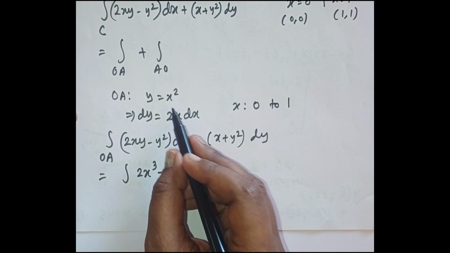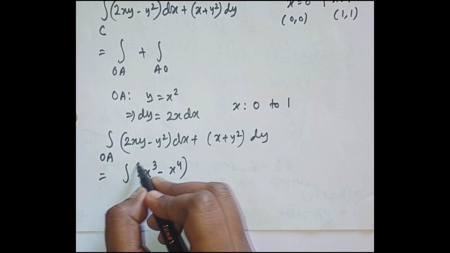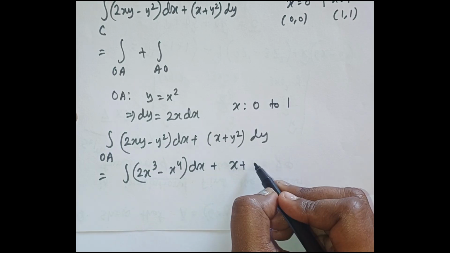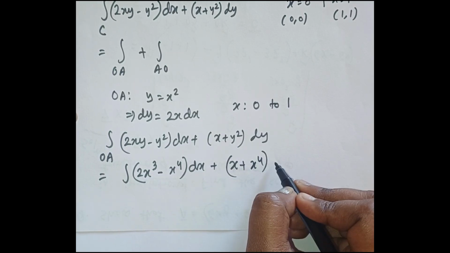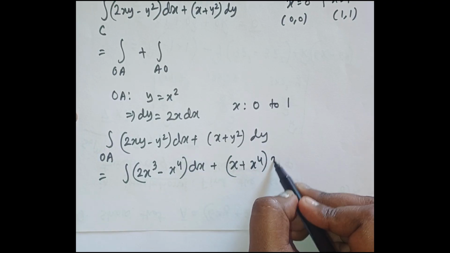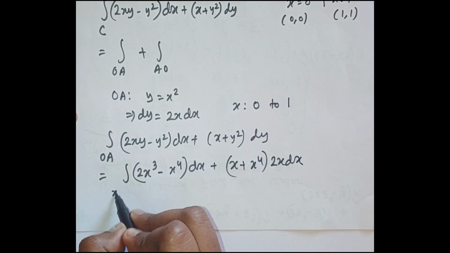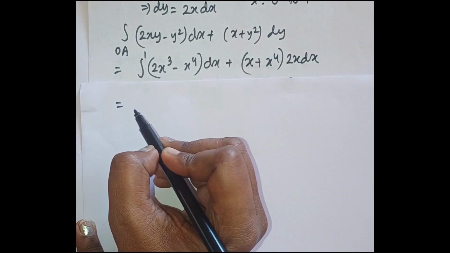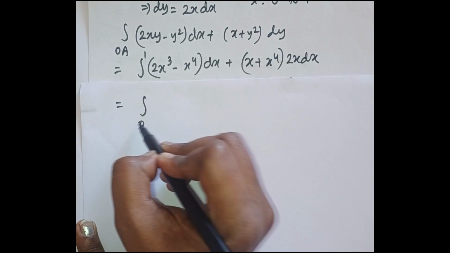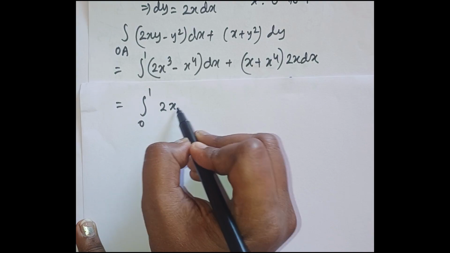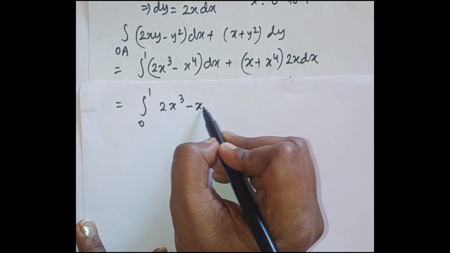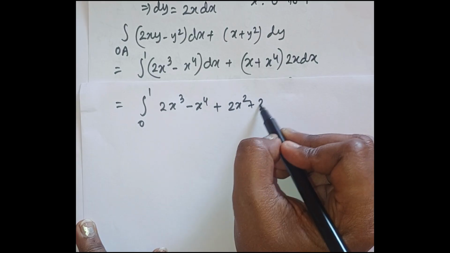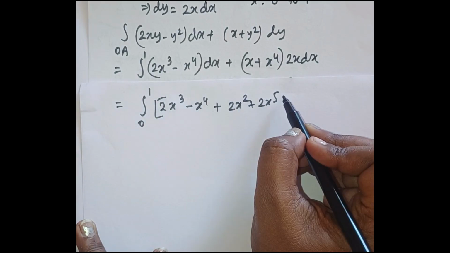So this is (2x cube minus x to the power 4) dx plus (x plus x to the power 4) 2x dx, because dy equals 2x dx, and x going from 0 to 1. Next line is integration 0 to 1. If you calculate this, 2x cube minus x to the power 4 plus 2x square plus 2x to the power 5, and then dx.